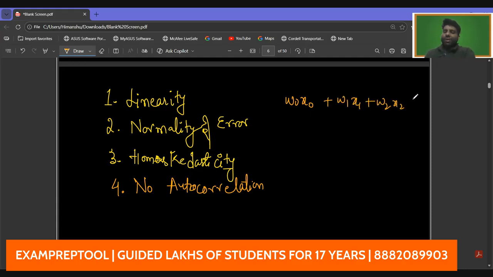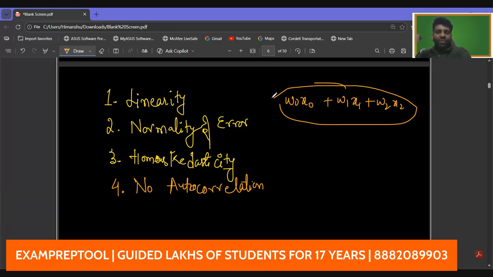I'm not talking about the number of data points, but if you take one data point where x0 is the first feature, x1 is the second feature, x2 is the third feature, then we write our solution like this. So we are saying that our prediction function or hypothesis function can be expressed as a linear combination of our feature values or feature columns, the feature dimensions. So it should be a linear function of my input data, which is my features.